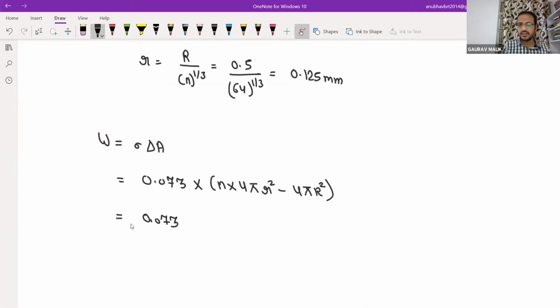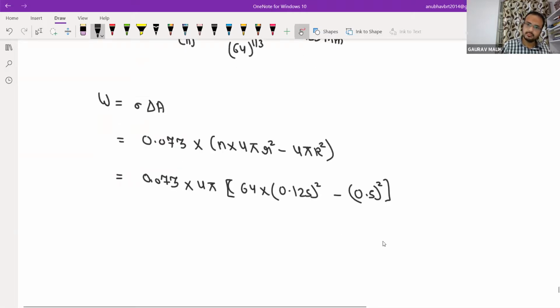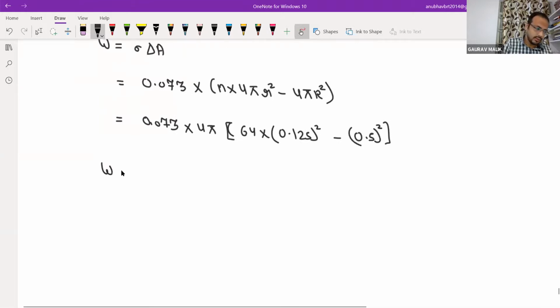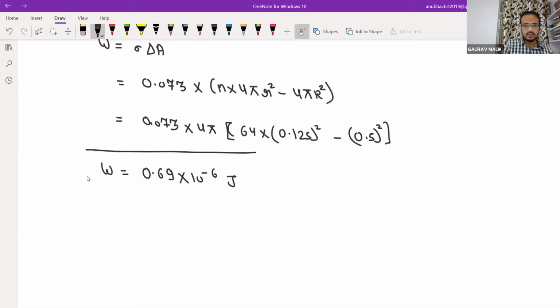But again, it is a future GATE question; they can ask this question in the exam. You will get W equal to 0.69 into 10 to the power minus something after solving. This is the correct answer of this question.